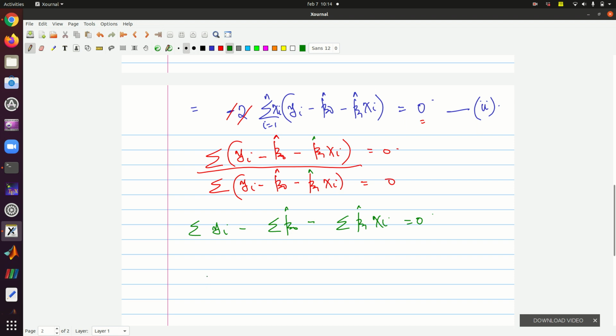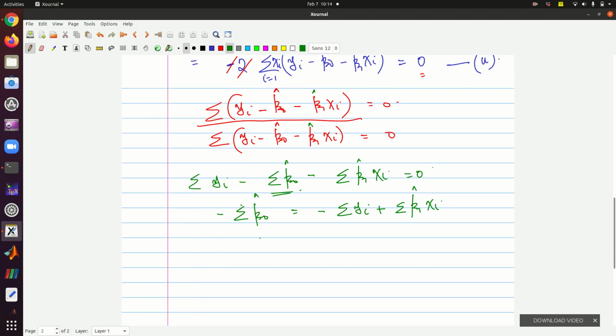Okay, now remember, so what can we write here? Since we want this, I will leave this one here: negative summation beta naught hat equals negative summation yi plus the summation of beta 1 hat xi.